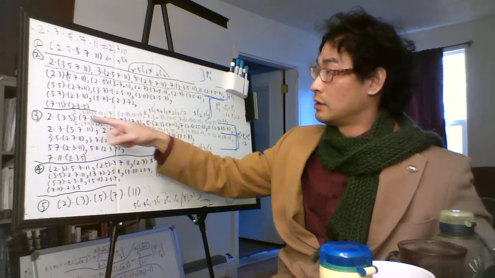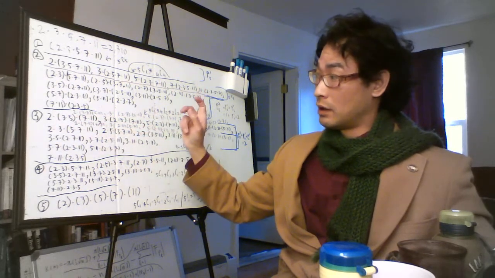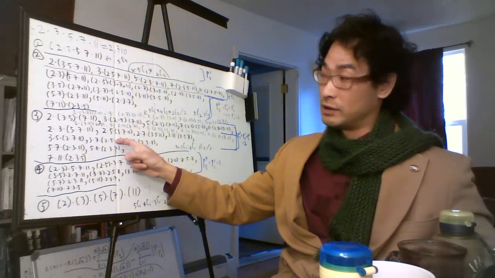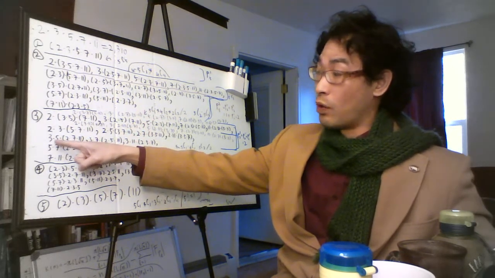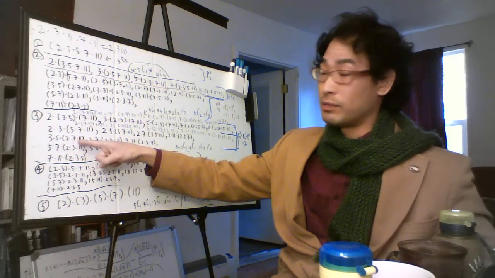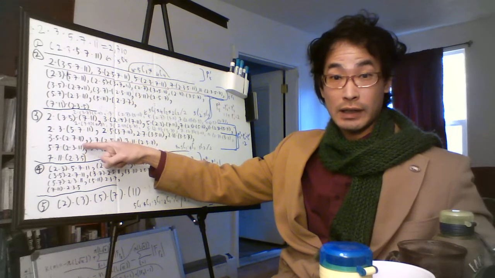So that's 1, 2, 2. Second subcategory: first number has 1 prime, second number has 1 prime, and third number has 3 primes. 1 plus 1 plus 3.